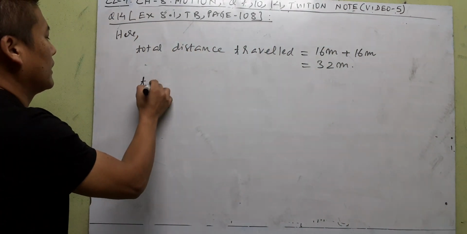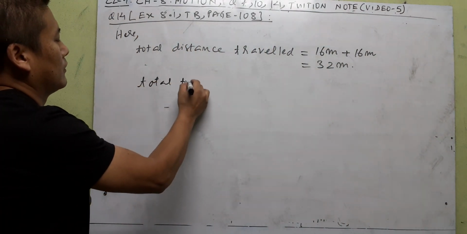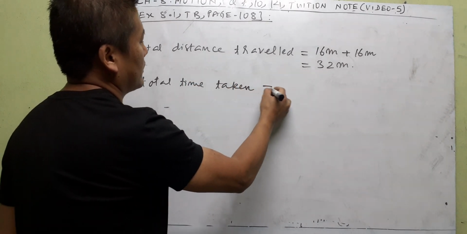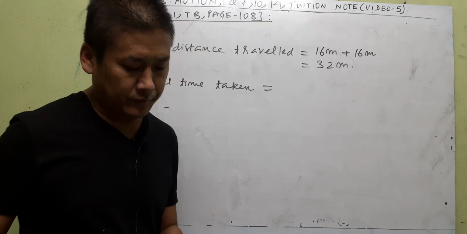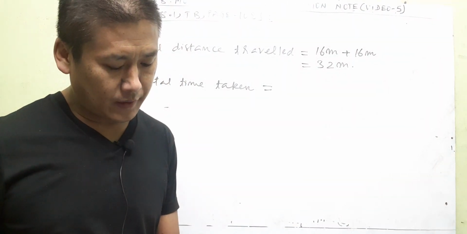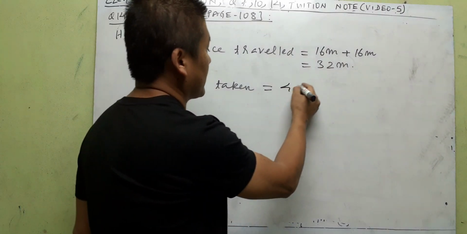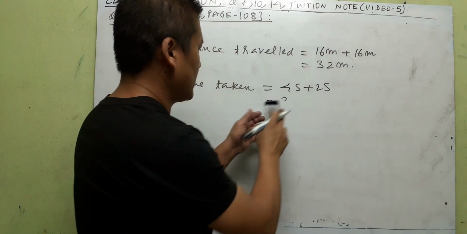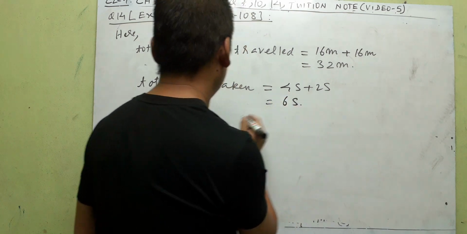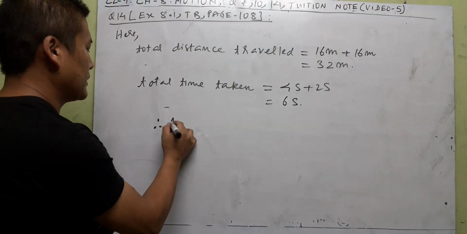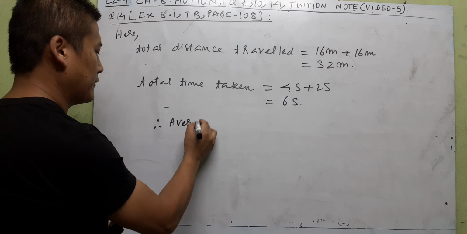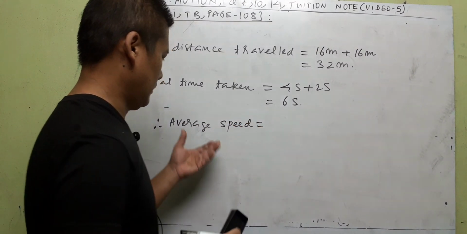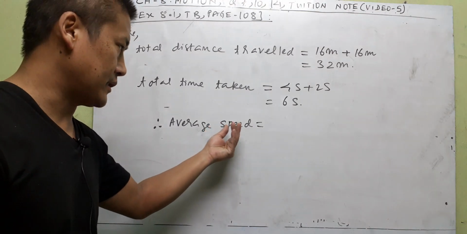Then total time taken, go back to the question. Total time taken is equal to, in the first 4 seconds 16 meter, in the next 2 seconds 16 meter. So it is 4 seconds plus 2 seconds, which is 6 seconds. Therefore, since it's in non-uniform motion, we have to calculate average speed. If it was in uniform motion, we would have directly said speed, right?